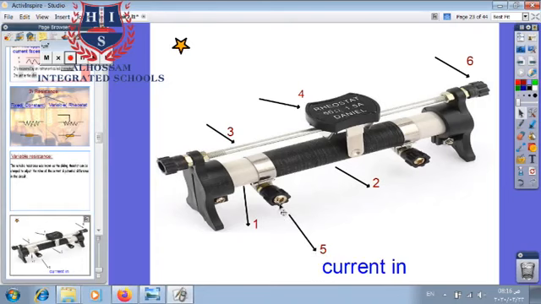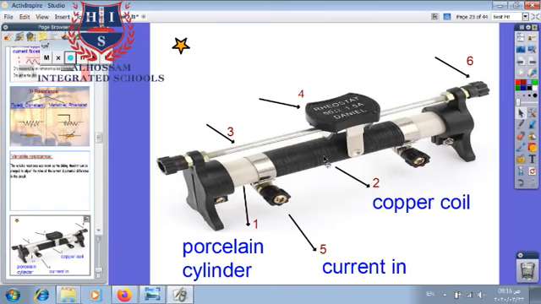It consists of a cylinder made of porcelain and surrounded by a copper coil, coiled copper wire, and a copper bar, and a very important part, which is a slider made from copper, and it can move over the copper bar, and the current goes out from here.